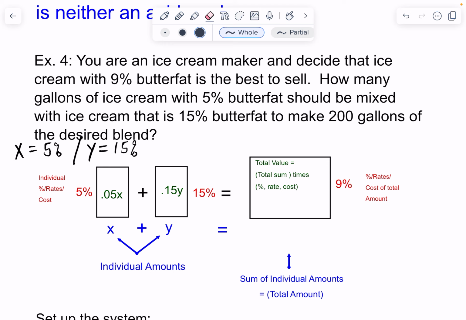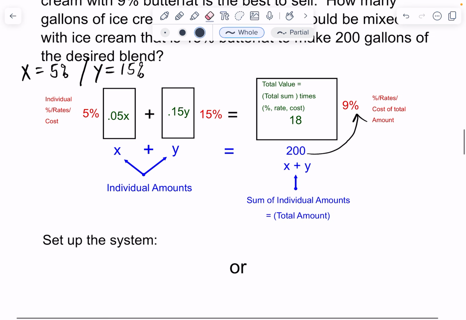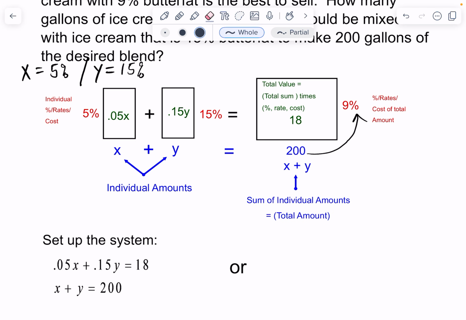We know that the total individual amounts add up to be 200 gallons. And if I take my 200 gallons times my 9% butterfat, the value here has to be 18. And that's my setup. My green is my value and my blue is my quantity.